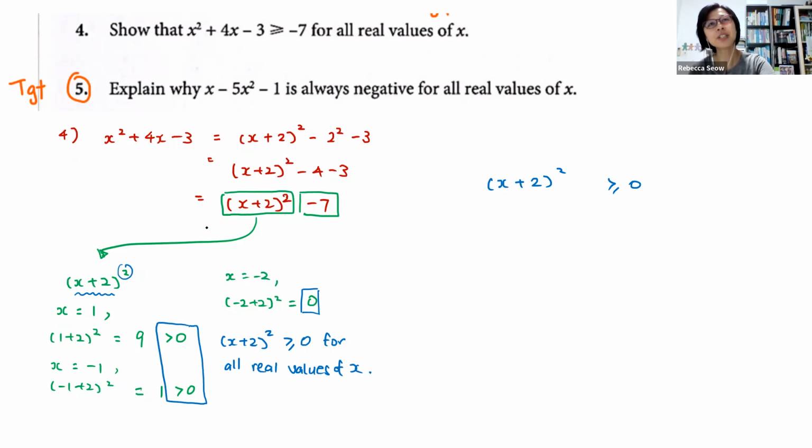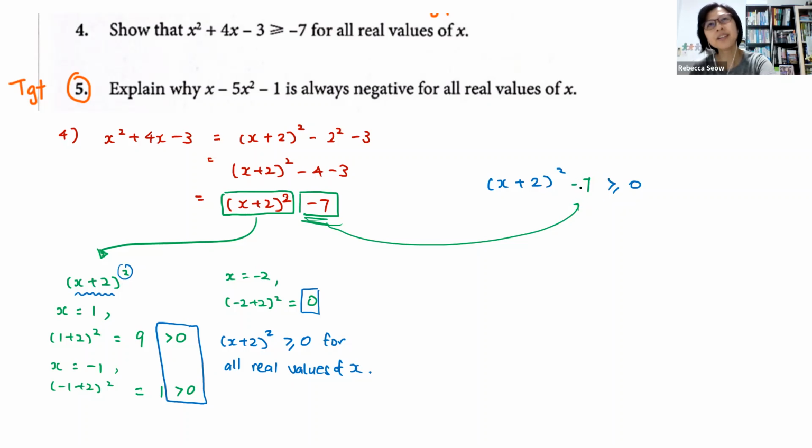Remember, just now we were just trying to unpack what's x plus 2 bracket square. Now I'm going to bring in the negative 7, which we have not unpacked yet. So when I bring the negative 7, I want to put it here, so that it will look like the original expression that we are given. I mean, that's fair, isn't it? So I'm going to bring in this.